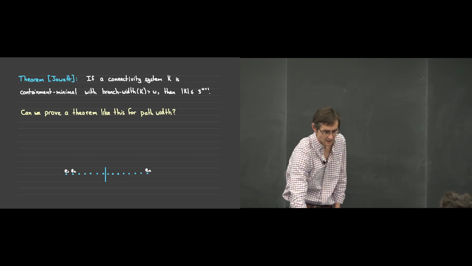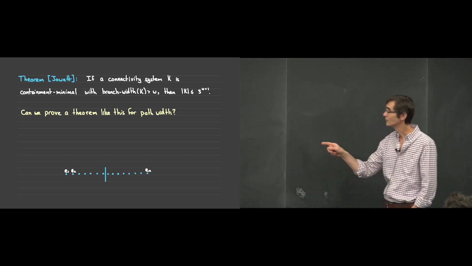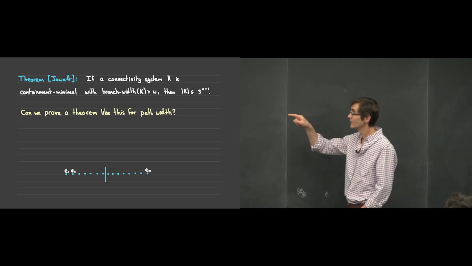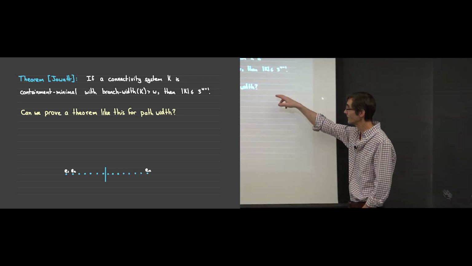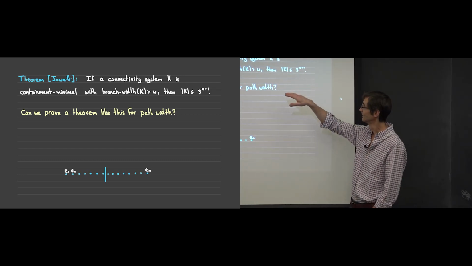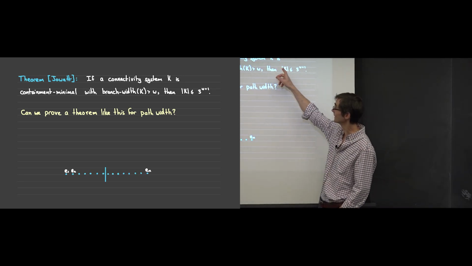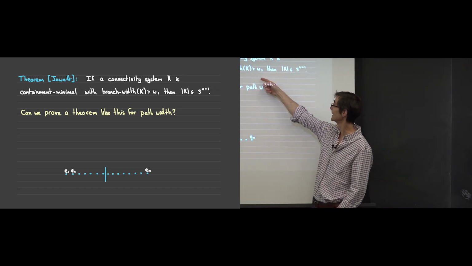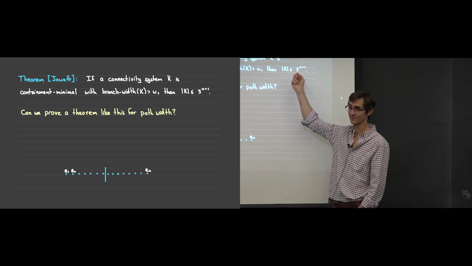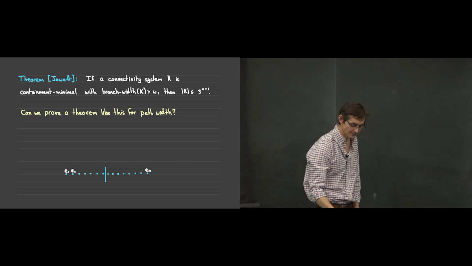Okay. So it would be nice if we could prove an analog of Susan's theorem for pathwidth. I would really like to be able to say that if you give me a connectivity system that's containment minimum with pathwidth at least W, then I get some bound on its size. That would be great. I don't know how to do that.